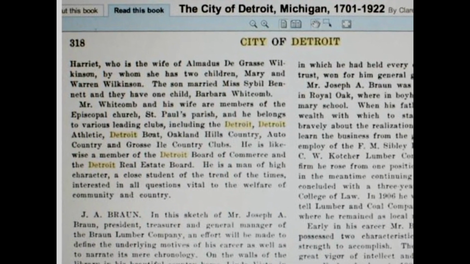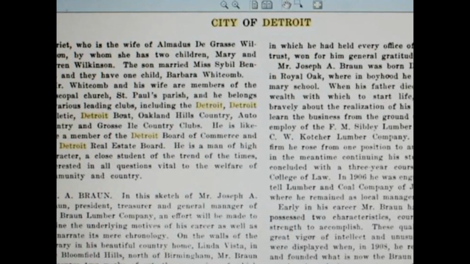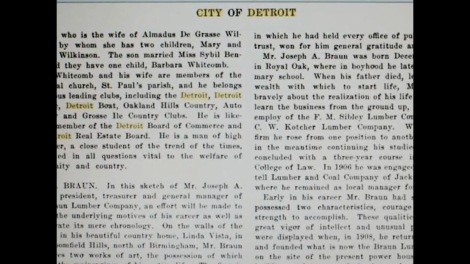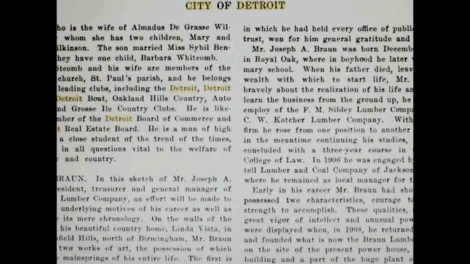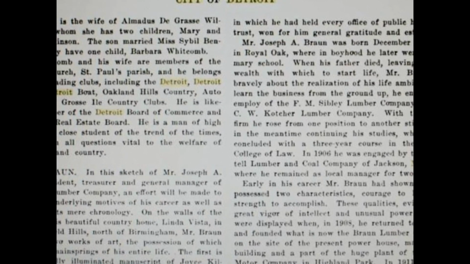In this case, a woman whose name I don't recall just now sent me an email and volunteered information about Julius Braun, who was a resident of Royal Oak and lived on Main Street in a house that was demolished long ago.